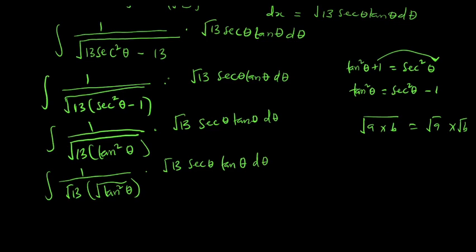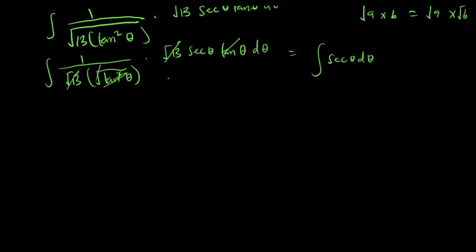So the square root of 13 cancels the square root of 13, and the square on tan squared theta cancels the square root. So we have tan theta in the denominator, and tan theta cancels tan theta here. So we are left with the integral of sec theta d theta alone, right?